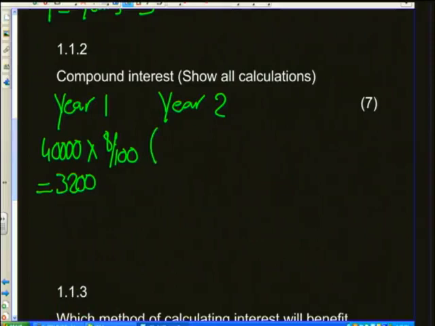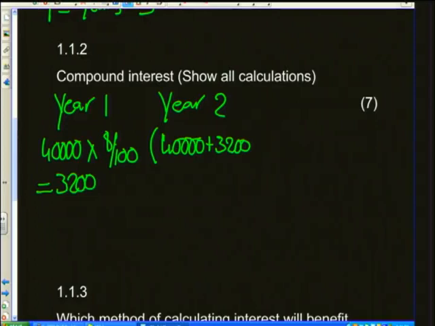So we're going to put brackets 40,000 plus 3,200 Rand. That 3,200 Rand was the interest that we earned from the previous year, so we need to make sure that we add it in.